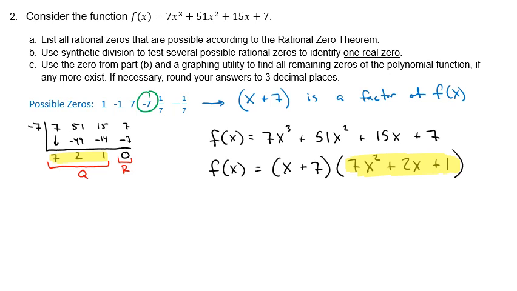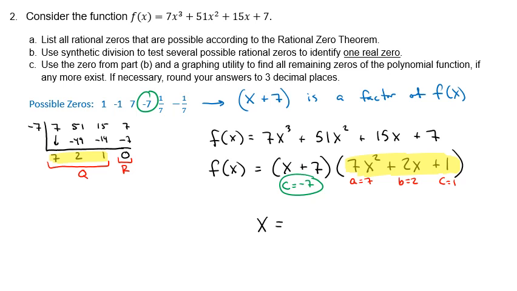Now, this is quadratic, so we can use the quadratic formula. Again, a is 7, b is 2, c is 1. So we've got one answer, right? One of the zeros is -7. The other two are going to come from the quadratic formula.